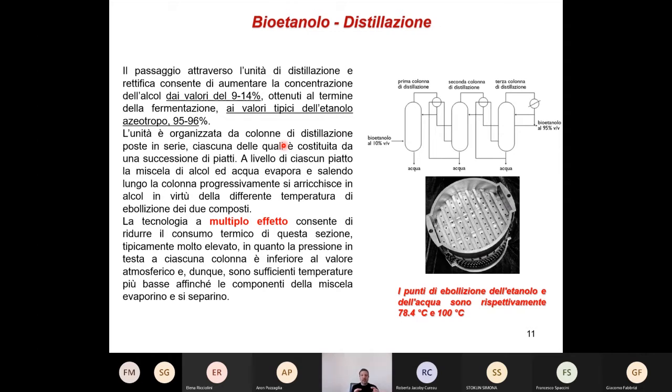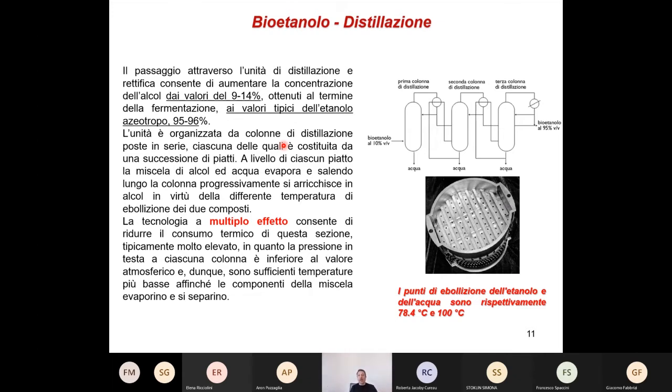The distillation is possible because the evaporation temperature of ethanol is 78 degrees centigrade, while water evaporation temperature is 100 degrees, of course. So if you are in the range between 80 and 90 degrees, you can have the evaporation of only ethanol that you can separate from water and make it condense, come back to liquid phase in another reactor.